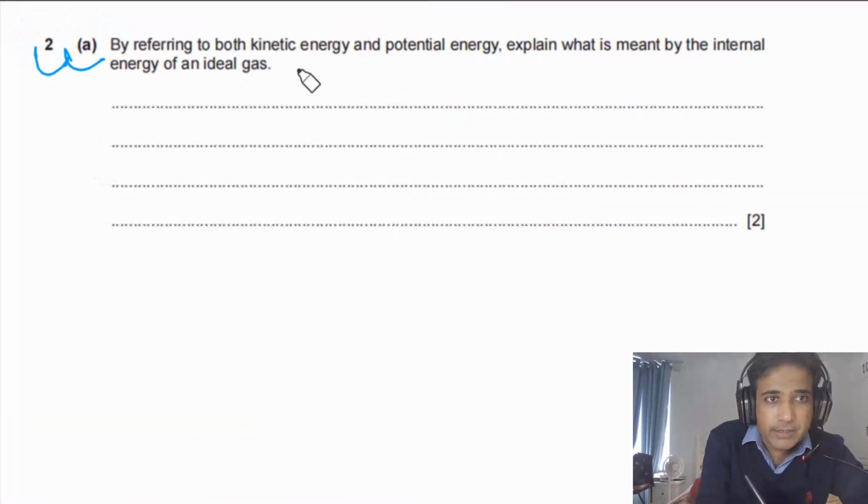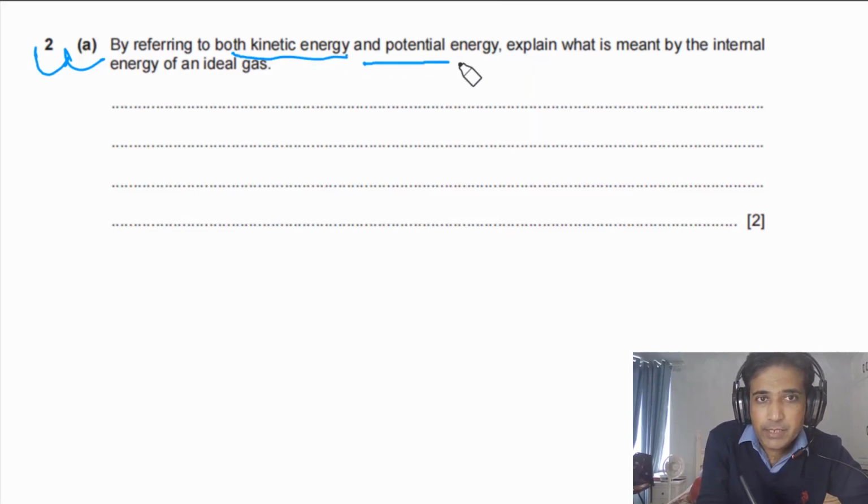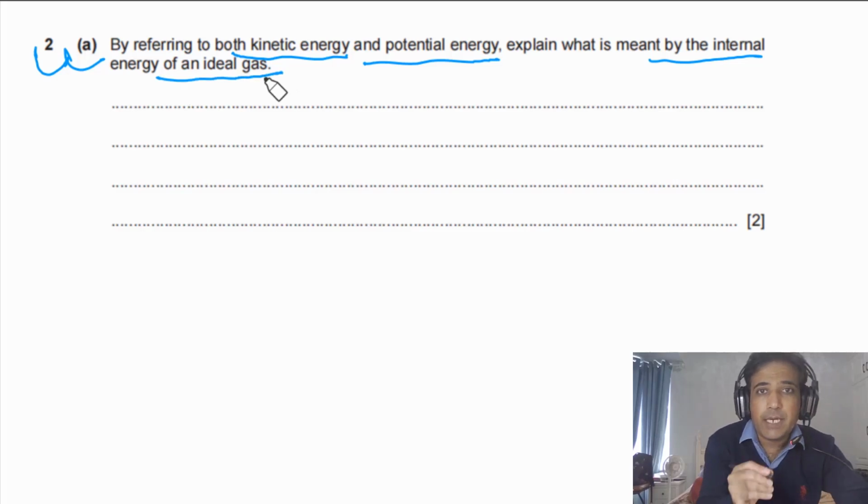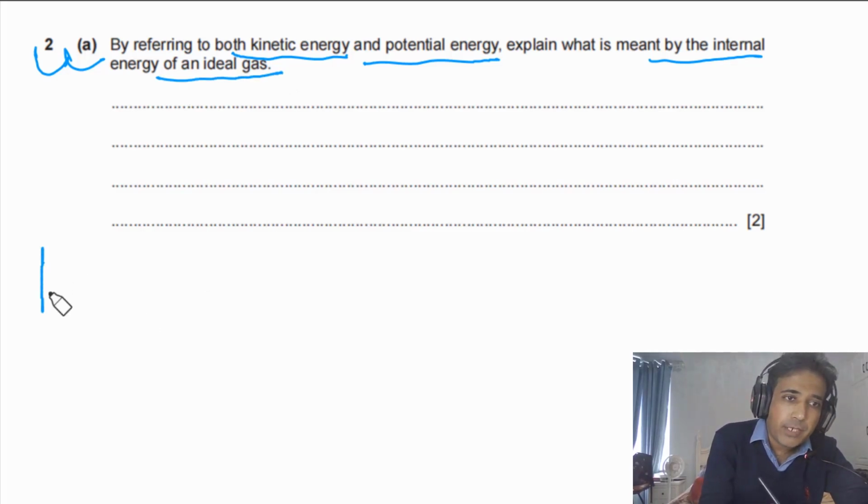Question 2, part A says, by referring to both kinetic energy and potential energy, explain what is meant by the internal energy of an ideal gas. First of all, let's try to understand internal energy in a very simple language.